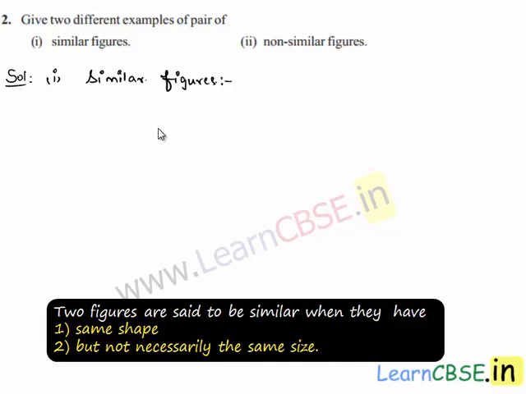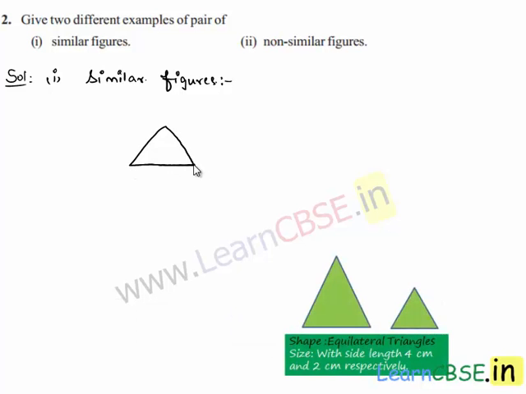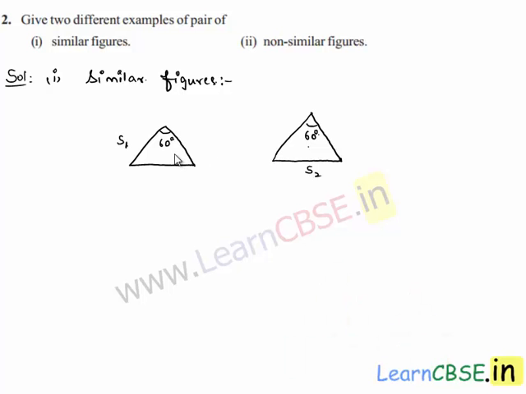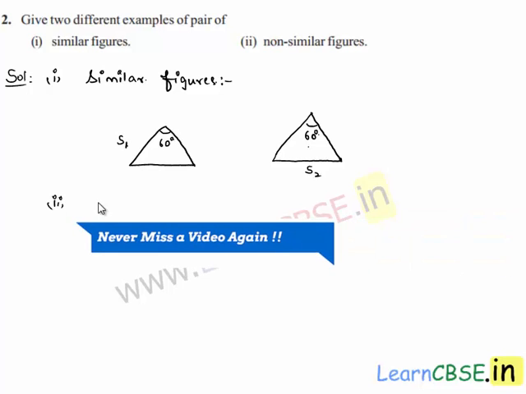Now if we consider two equilateral triangles with included angle 60 degrees each, with side S1, and another equilateral triangle with the same included angle 60 degrees, but let us assume that its side is S2. Here these two figures are said to be similar because the shape obtained is the same but the size of the triangles is different. Now moving on to the second problem.